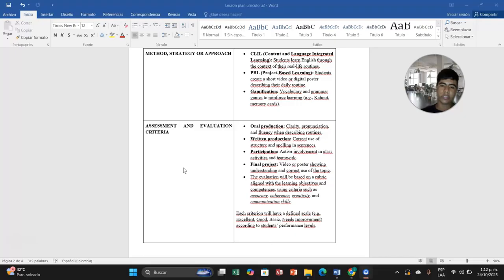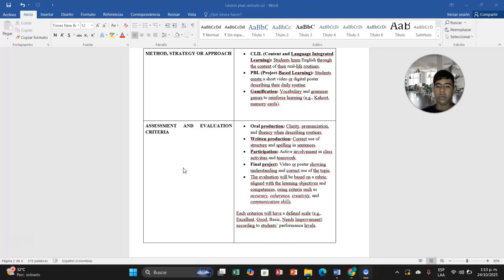Of course, this is an English class, which means that it's important, aside from learning grammar, also to learn how to speak. So, oral production: clarity, pronunciation, and fluency when describing routines. Of course, practice makes perfect. I know it, and that's the idea or the objective of this activity, to practice so that they can do it with fluency.